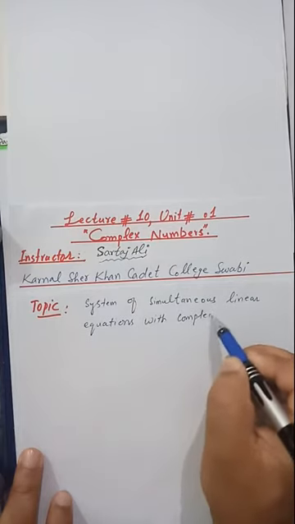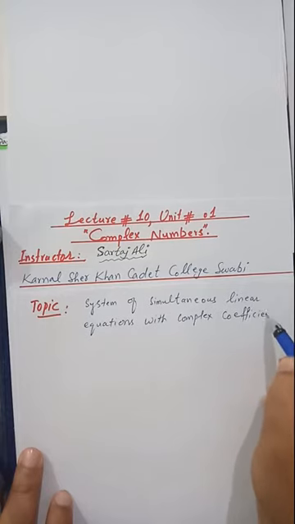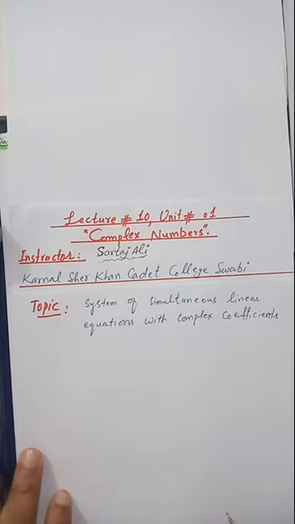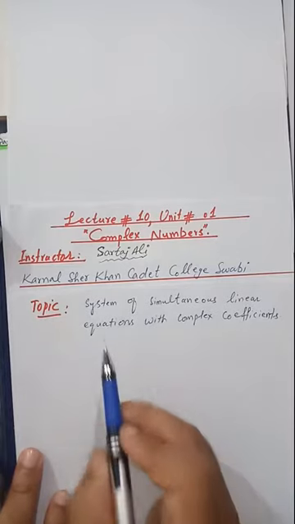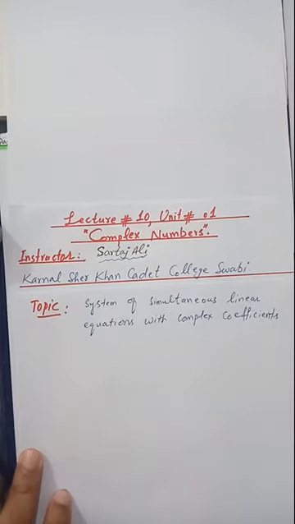So in this video lecture we will discuss what is the system of simultaneous linear equations with complex coefficient and how we can find out the solution of such systems. The solution is actually the values of the unknowns which are involved in the system.